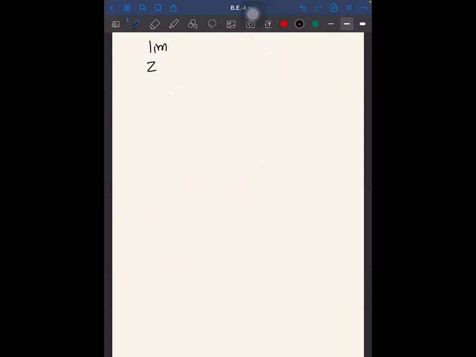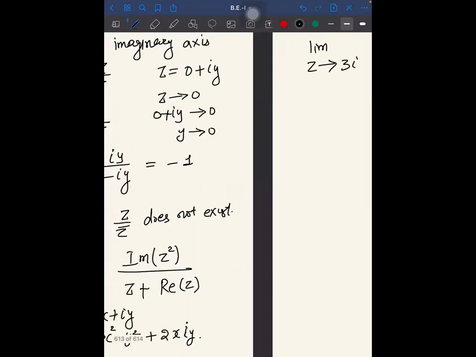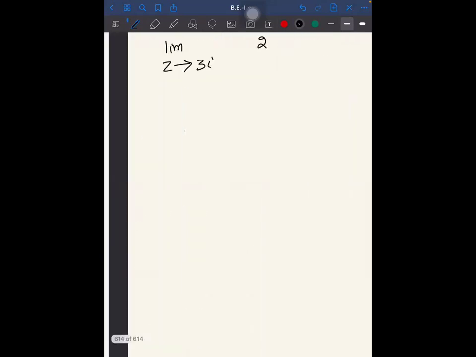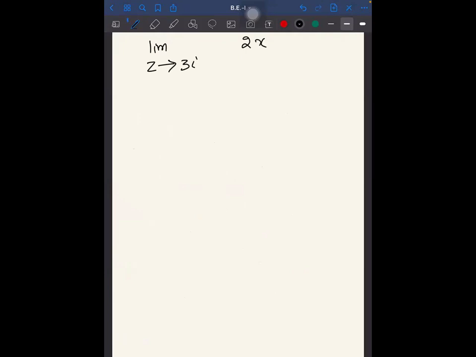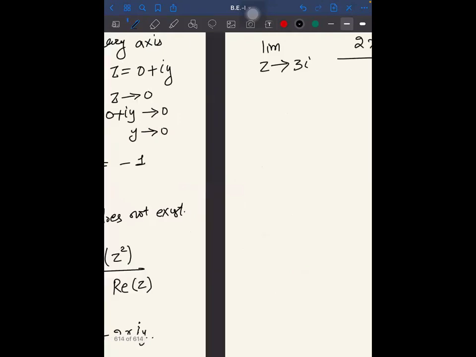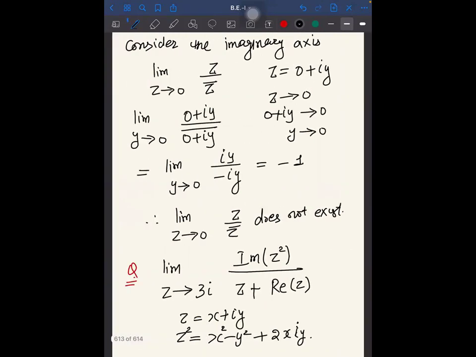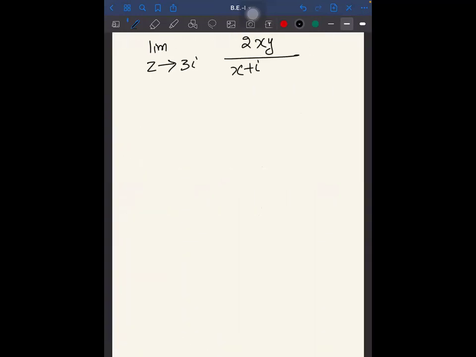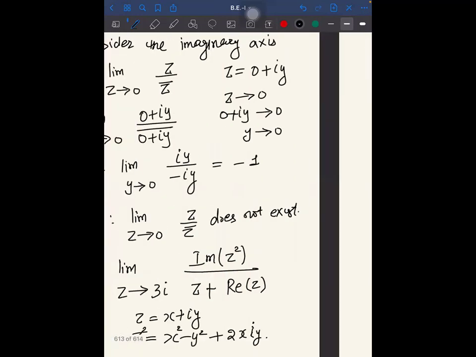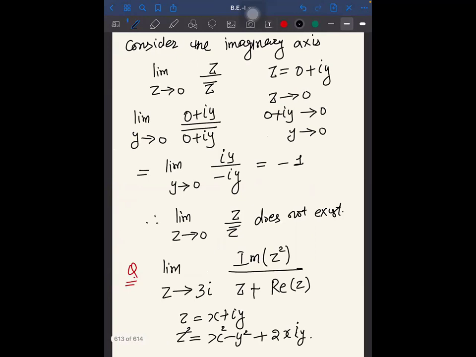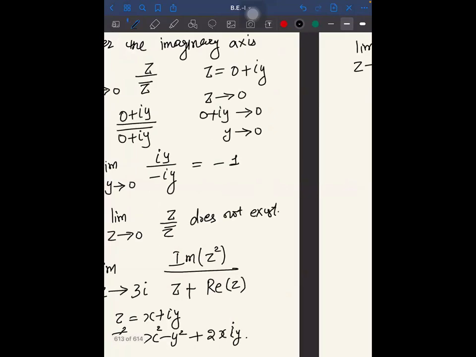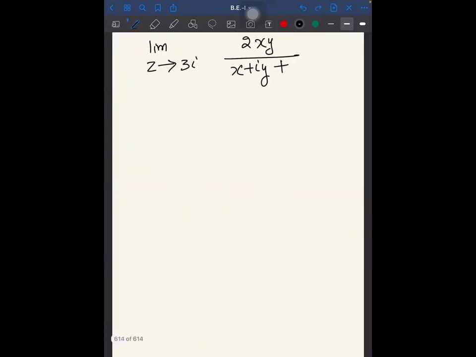So limit z goes to 3 iota. Right, so the numerator will become only 2xy. And the denominator, what does it become? Z is x plus iota y. Real part of z, sorry, so this becomes only x.